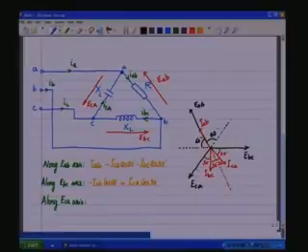Now, I_BC has a projection on the E_CA axis, which is I_BC cos 30. So, we have I_AB cos 60, which is on the negative part of the axis. So, we say it is minus I_AB cos 60 plus I_BC cos 30 degrees.